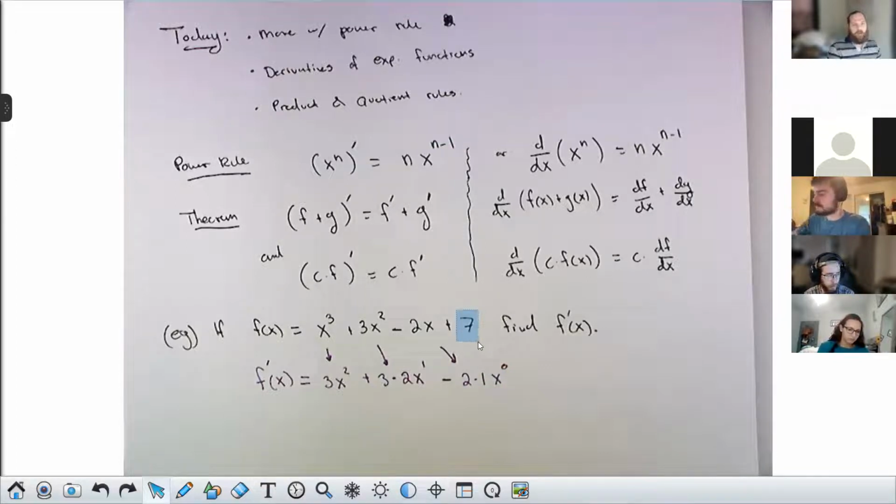And the derivative of a constant, you can think of that constant as x to the 0. The rule works here as well. That would be 0x to the negative 1, which is just 0.